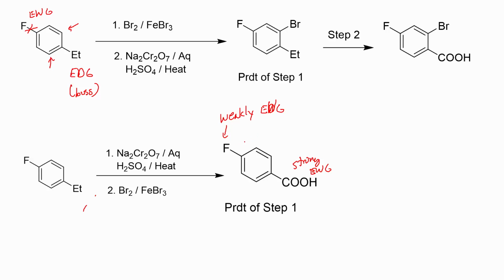Thus, we're going to add where fluorine wants this to go, and it wants it to go ortho or para to fluorine. So it's going to go ortho. It's not going to go para because the carboxylic acid is already there. And when this reaction is done, we're expecting bromine, in this case, to be ortho to fluorine and not ortho to carboxylic acid. Okay, so the next video we'll look at the second exercise.